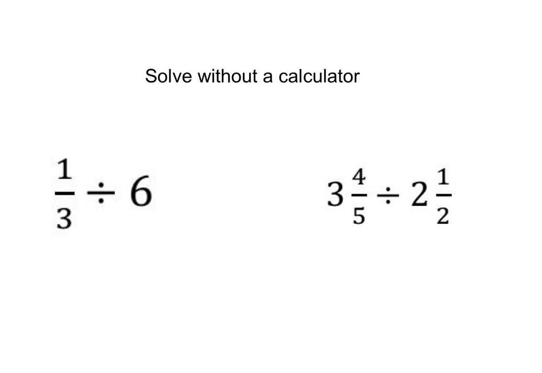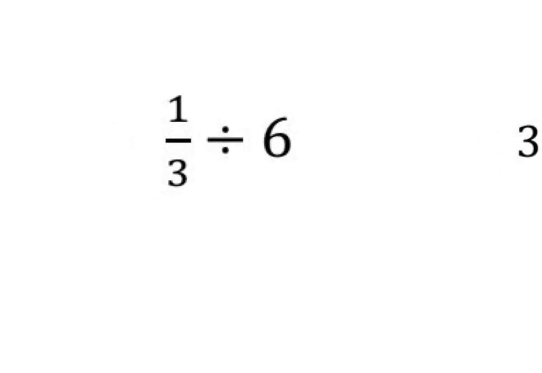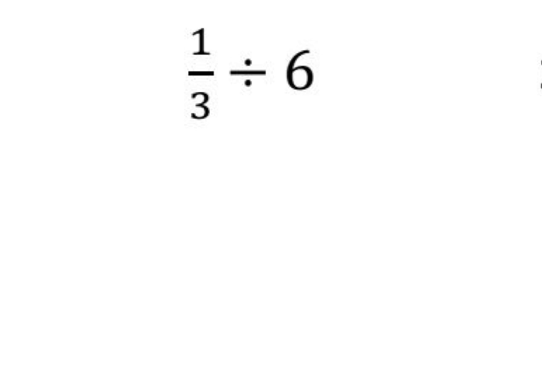Okay, your favorite thing, no calculator. So, hopefully the sub is looking at you all putting down your calculators, and you are going to solve this without. But don't worry, I'm here to help. So we have 1/3 divided by 6.